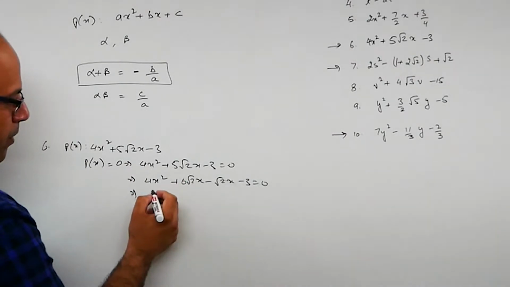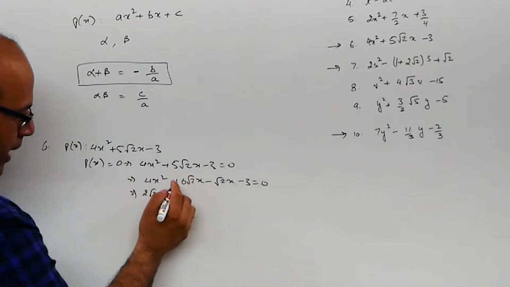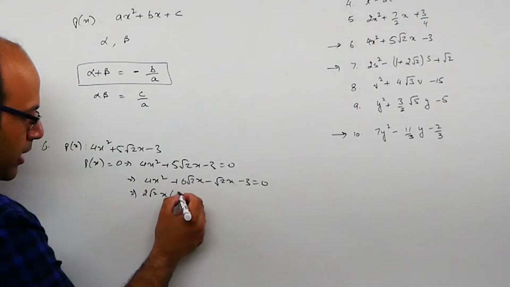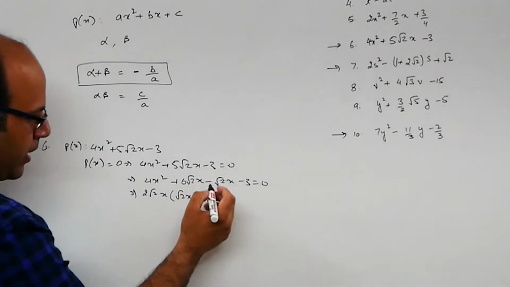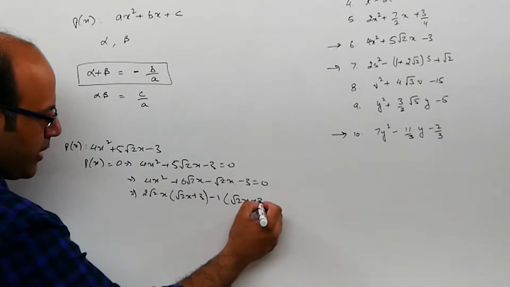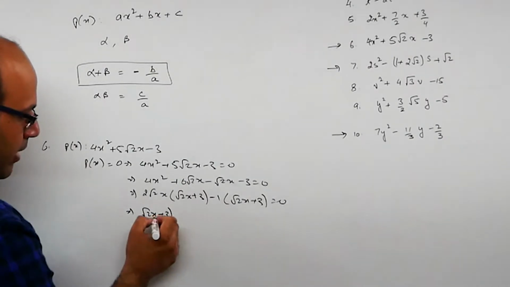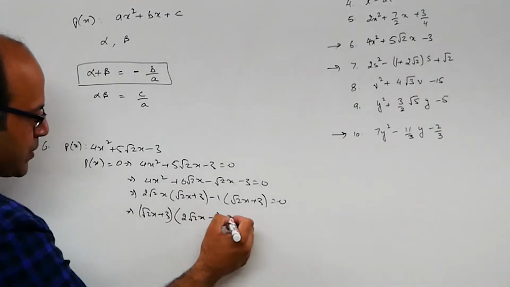This gives me, I can take 2 root 2x common from these two terms. I'll be left with root 2x plus 3, and then I can take minus 1 common from the last two terms, so root 2x plus 3 again equals 0, which implies root 2x plus 3 into 2 root 2x minus 1 equals 0.